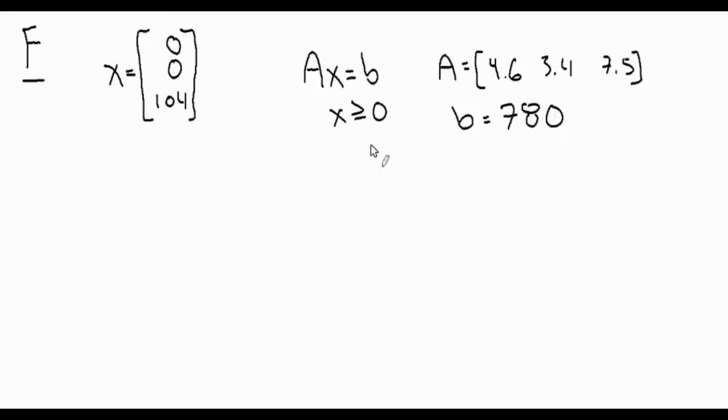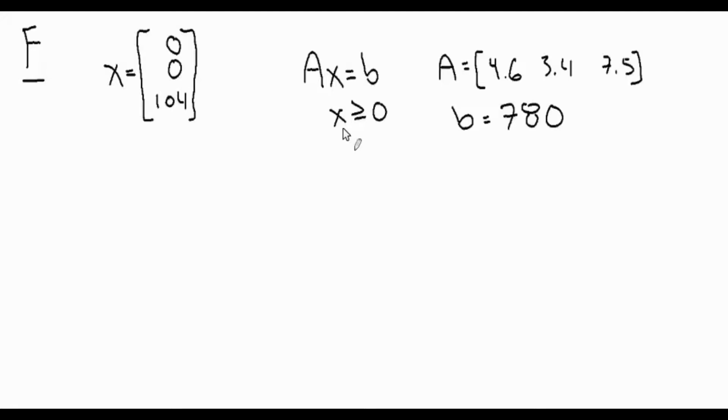To answer this part F, we need to determine whether X, this column vector X, is a solution to the system. Does it satisfy AX equals B? Is it feasible? That is, X is greater than or equal to 0.